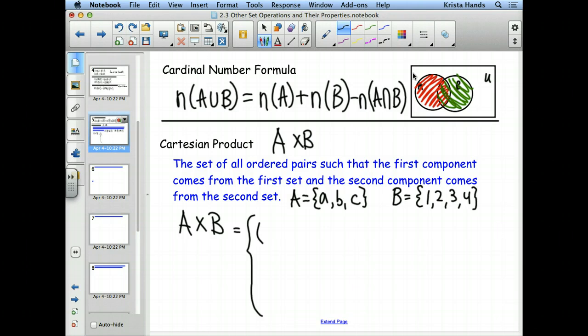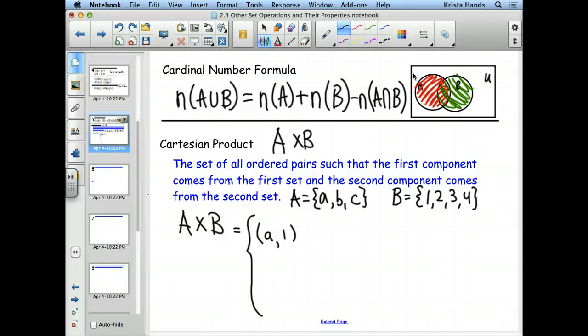I do ordered pairs, which are inside of parentheses, just like the x, y ordered pairs that you've seen back in algebra, okay? The first component has to come from set A. Well, I have a little a in set A. The second component has to come from set B. I have a 1 in set B. So the ordered pair (a, 1) is going to be a part of this Cartesian product.